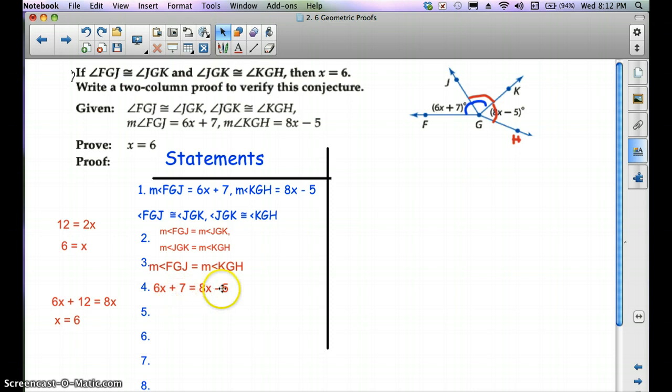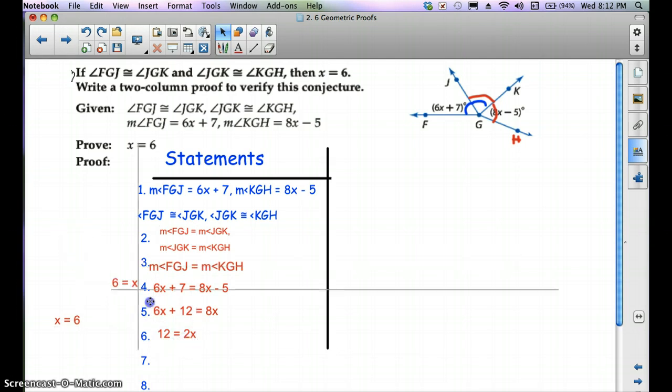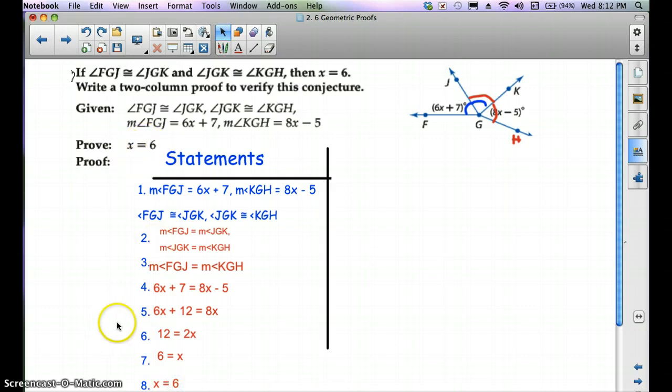Then it looks like I would go ahead and add 5 to both sides. And then from there, I would subtract 6x from both sides. Then I get 6 equals x. And then I get x equals 6, because that's what I want to end with, x equals 6.